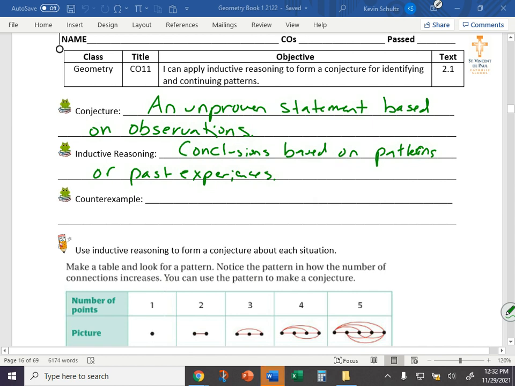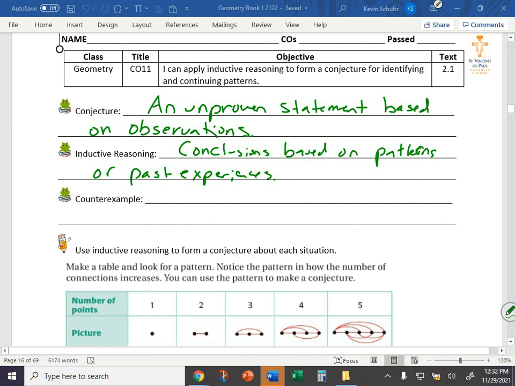If you go see a movie at a theater and the chair was squeaky, the floor was sticky, the sound was off, you just didn't have a good experience, you're probably not going to go back to that theater again, right? You're using inductive reasoning to make a conclusion based on something you experienced. Someone else that went to the same theater might have loved it. They love sticky floors, I don't know, right?